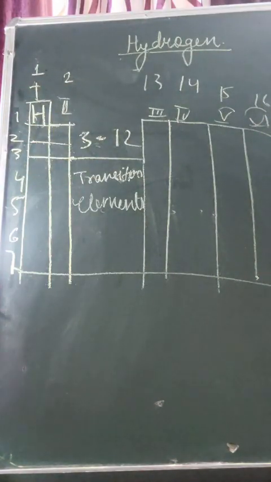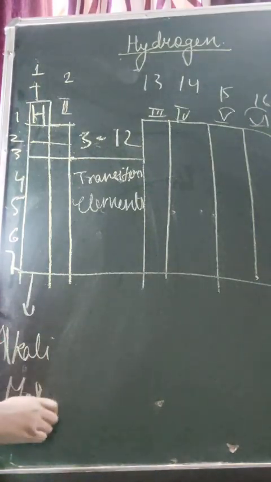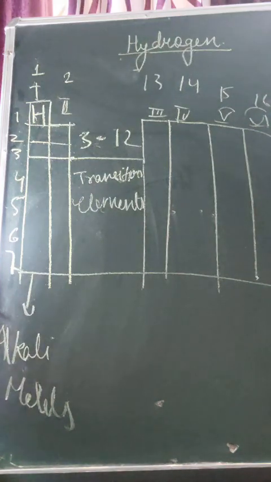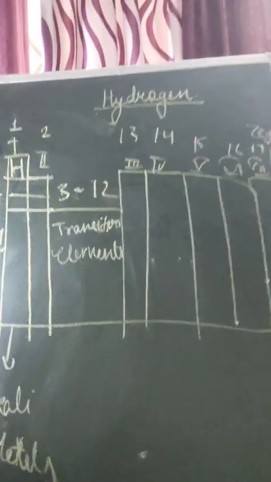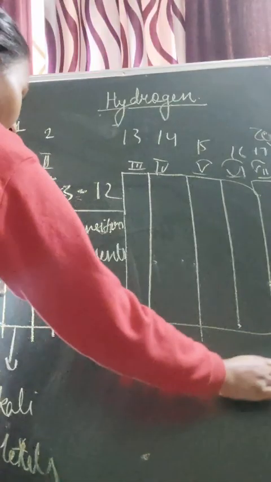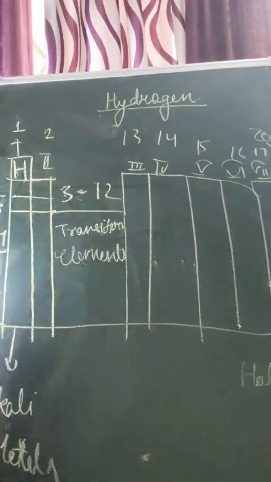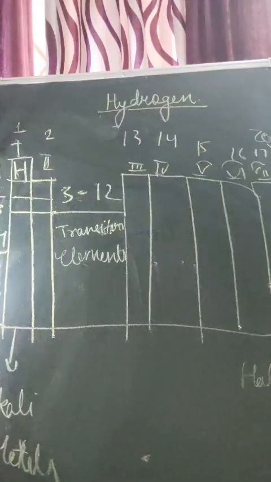The first group elements are known as alkali metals, and the 17th group elements known as halogens. This is the periodic table, and the hydrogen is present in the first group of the first period.